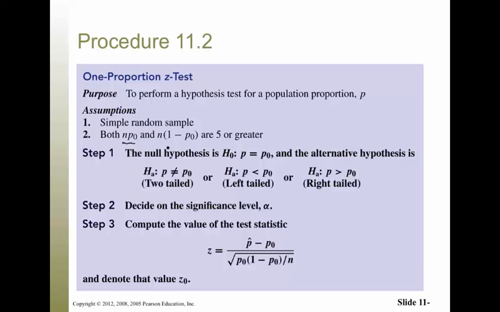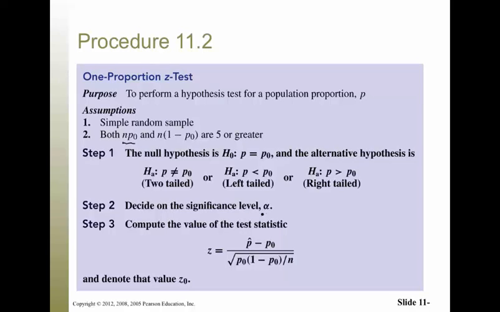And it's that same test as before. Hypothetically, we need 5 or greater successes and 5 or greater failures. Okay? But it's hypothetical because it's the null hypothesis value that we're using to calculate a quote-unquote number of successes.